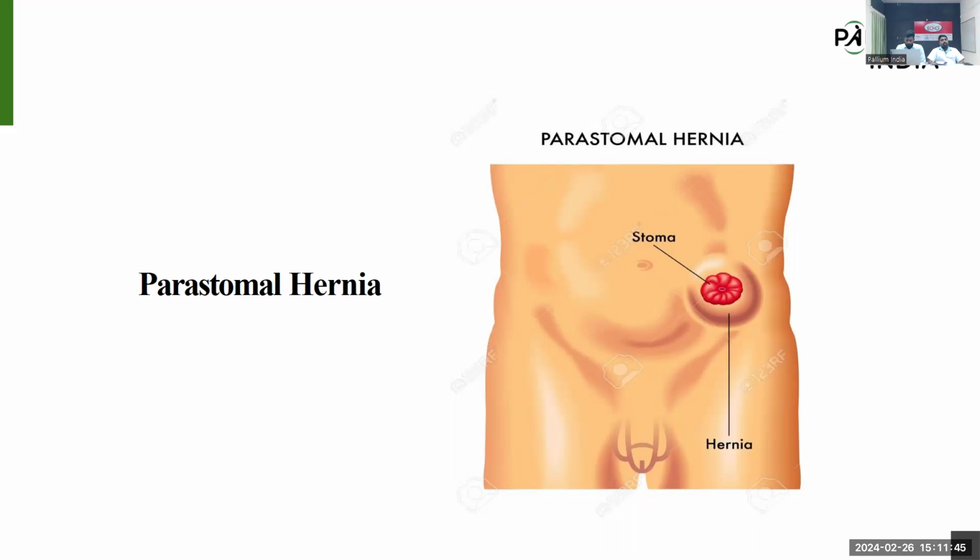Through that the herniation may occur. We can do hernia repair surgery, but after the hernia repair surgery we need to place another site for the stoma colostomy. If herniation occurred once, there is a chance at the other site also. It's a complication. Next slide.